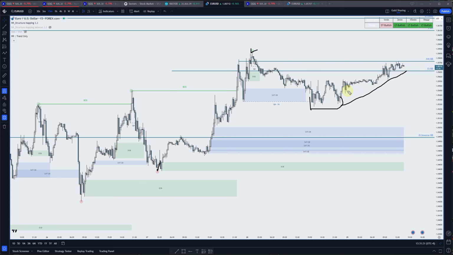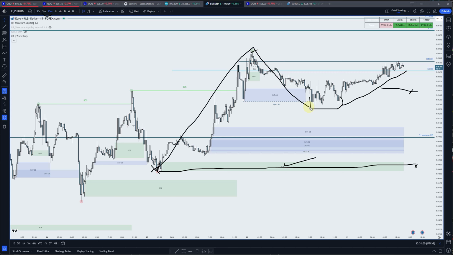Once the strong low is taken out on the 3-minute time frame, then you are bearish, and we are expecting that the price will take this low or at least reach the extreme order block. Otherwise, this is just a bullish structure, and we are looking for the price to take this high.